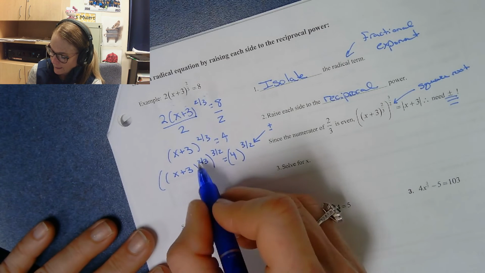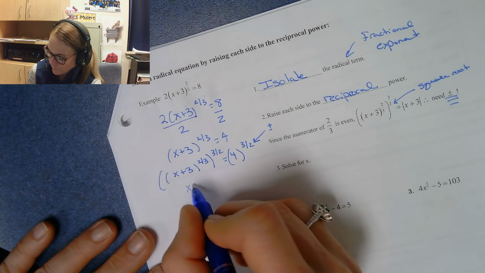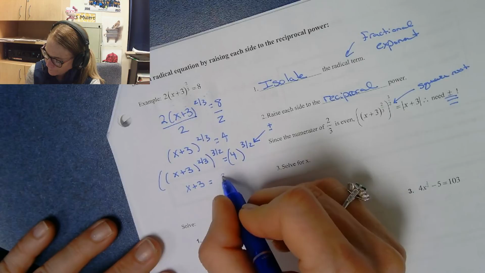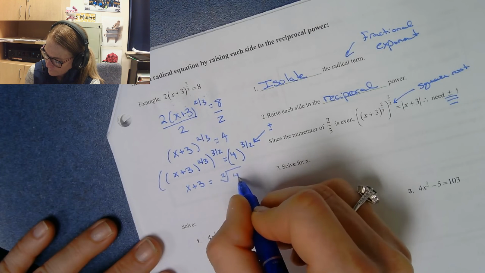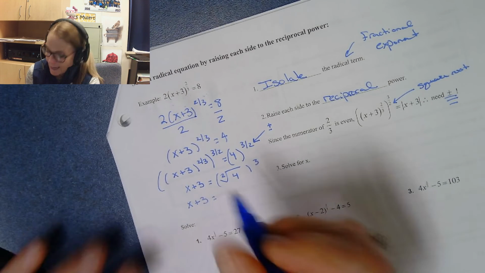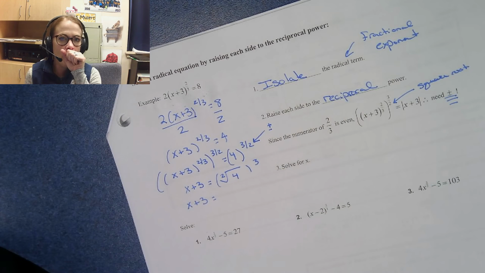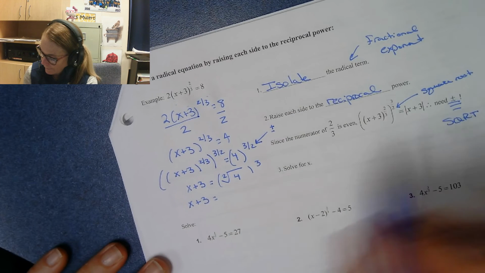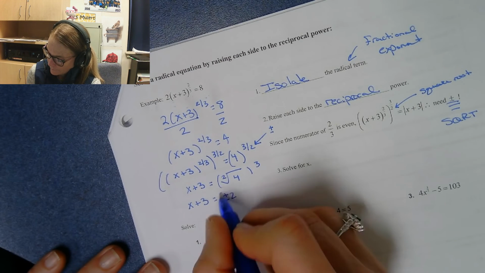Well, first of all, these play knockout. 2/3 times 3 over 2 is x plus 3. All right, and so when I take the square root of 4, and then I'll cube that in just a minute, since I put the square root into the problem, just like the square root theorem, I've got to put plus or minus 2 there.